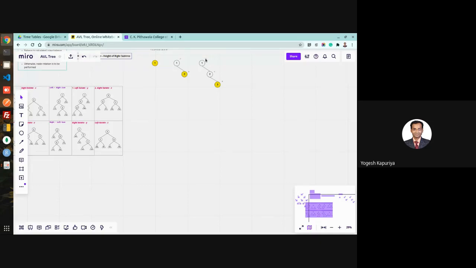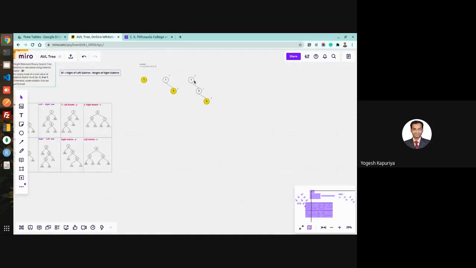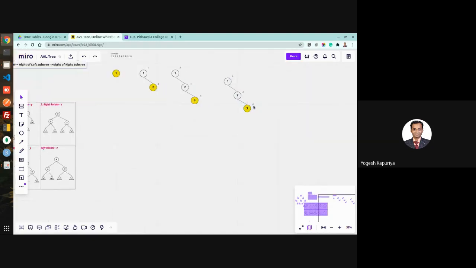That will become your Z, its first parent will become your Y, and this will become X. So this is the right case. In the case of right, you simply rotate this Z in the left direction. So this will become something like this.